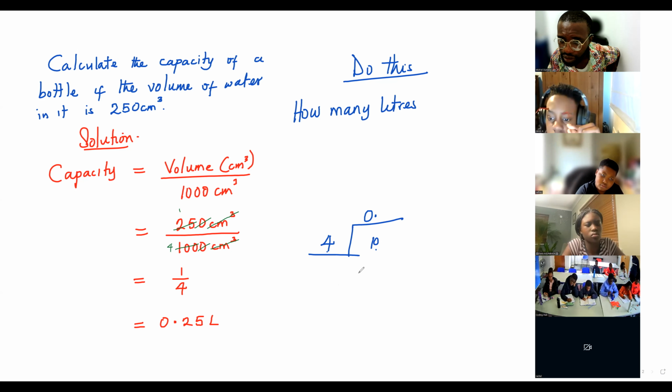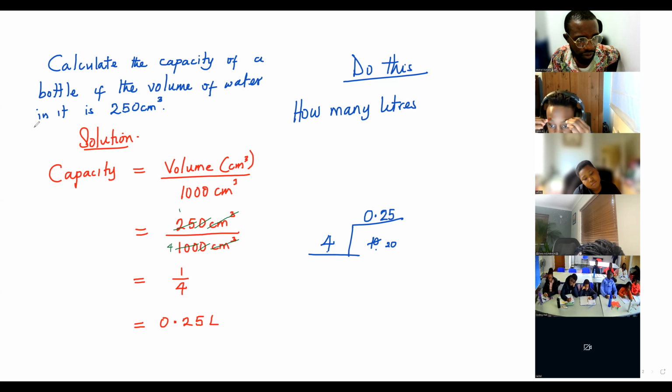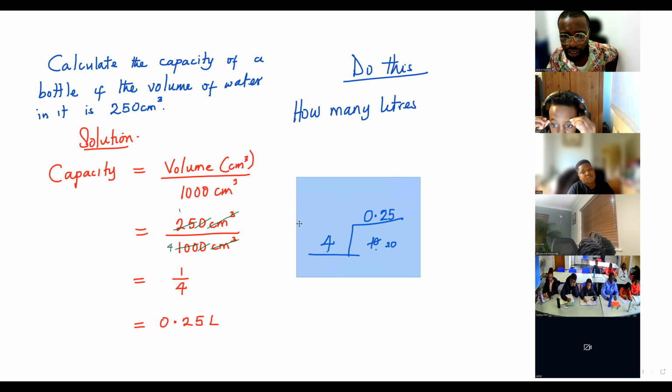That makes 10. So how many 4 can you see in 10? 2. Is there a remainder? Yes, remainder 2. Because you are working with numbers after the decimal point, you immediately add a 0 to this. So how many 4 can you see in 20? 5. Do you remember now? Well done for calling my attention immediately.